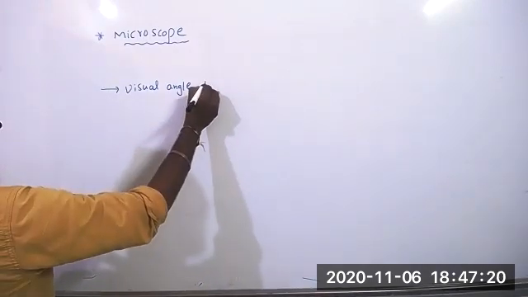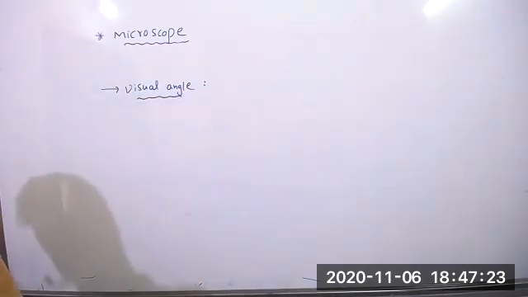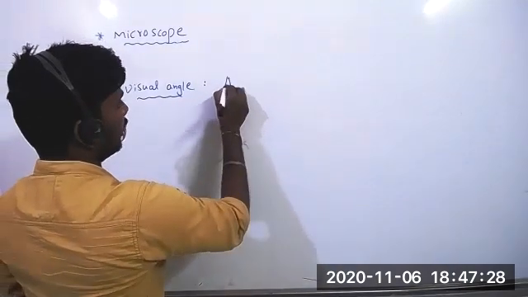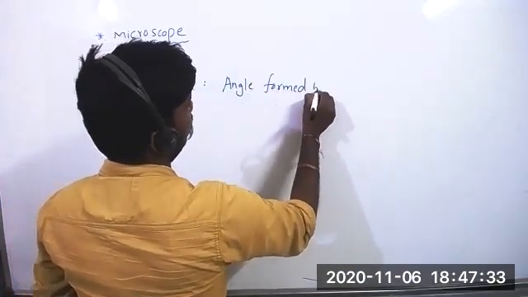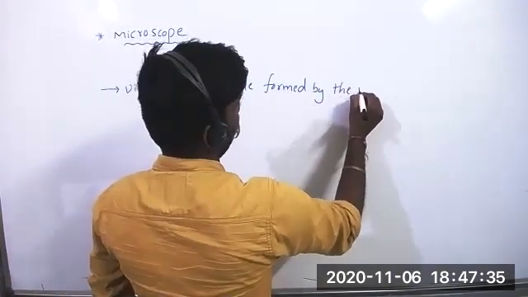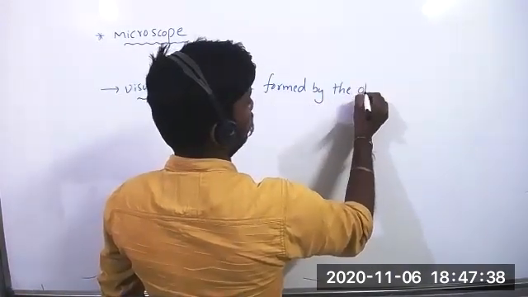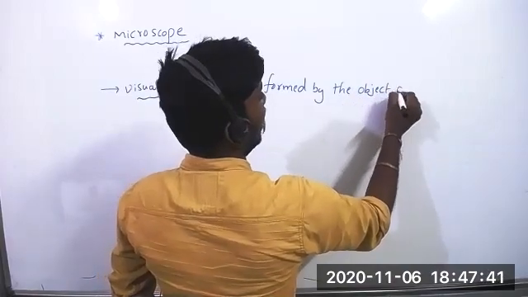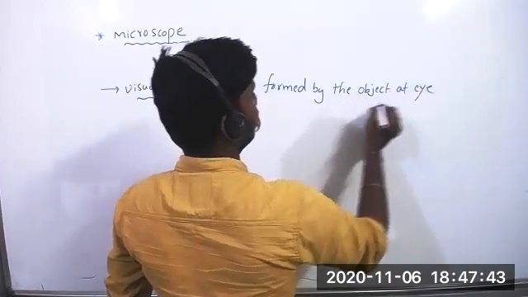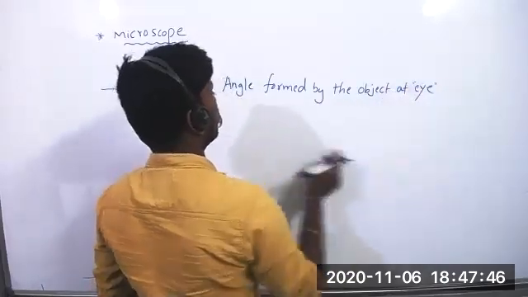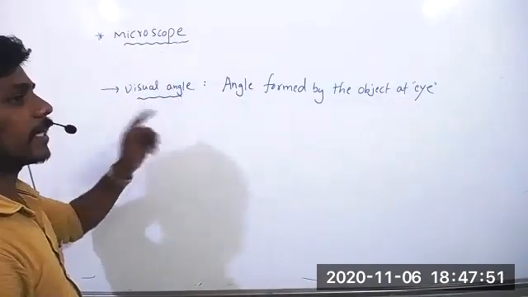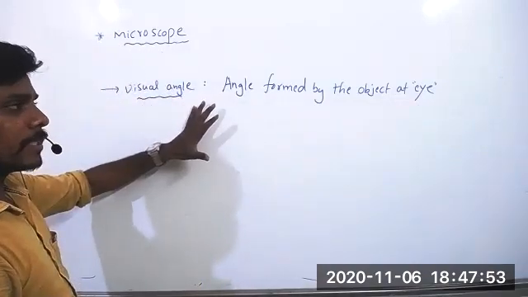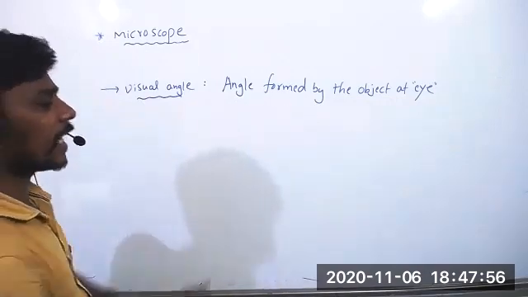Visual angle means the angle formed by the object at the eye. Angle formed by the object at the eye, that is called visual angle.